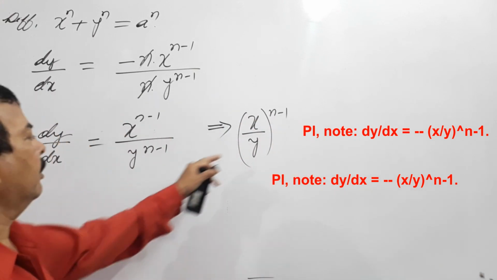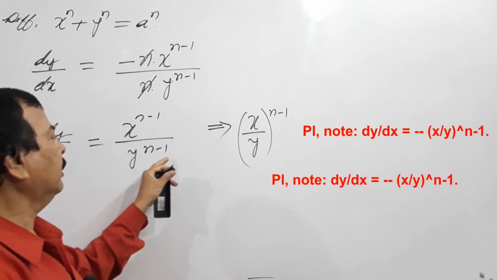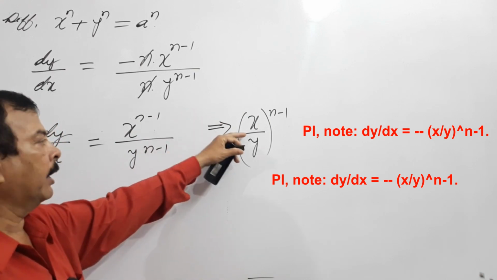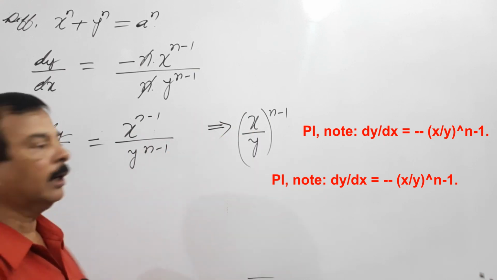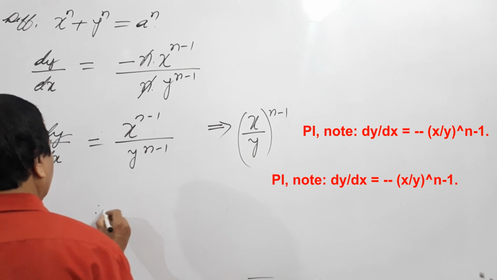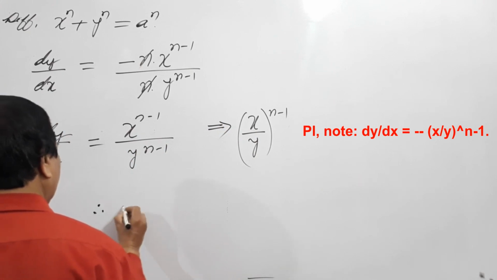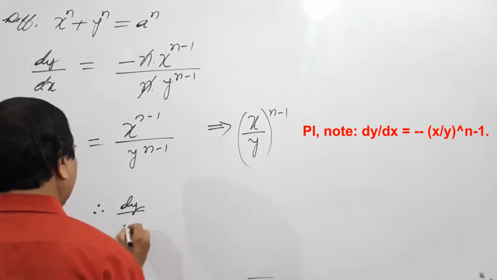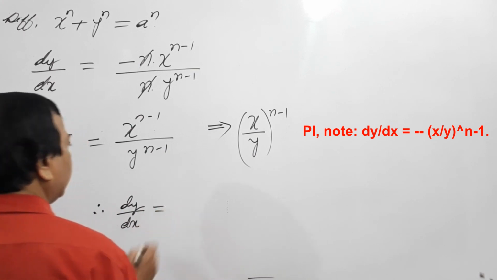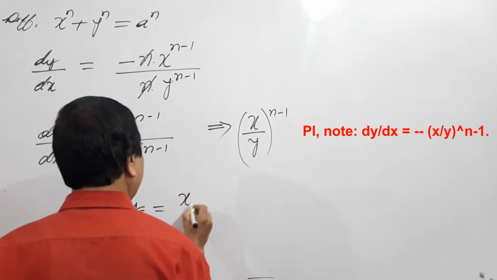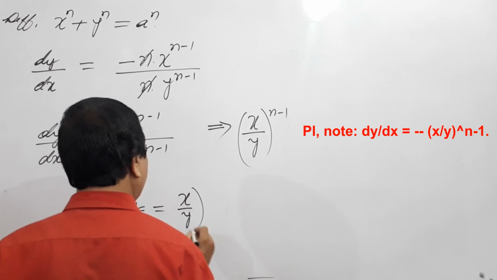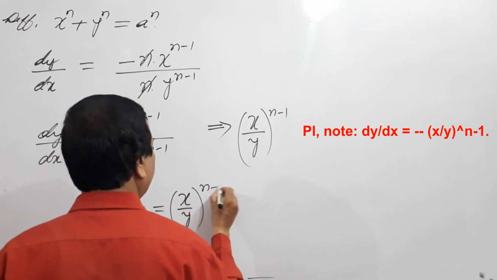I have taken x by y, the power n minus 1 is common to both. Therefore dy by dx equals x by y to the power of n minus 1.